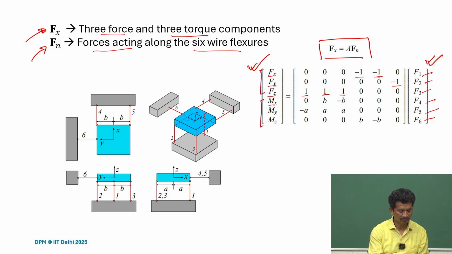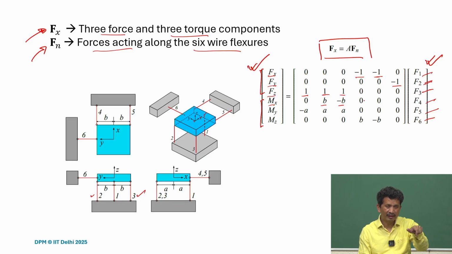So if we are talking about Mx and try to rotate, these are 2 and 3. So for Mx, 2 and 3, but one is b and one is minus b, right? So one will get compressive load, and the other will get tensile load. So that's why one is positive, and of course we have to check the nature and how it is rotating.